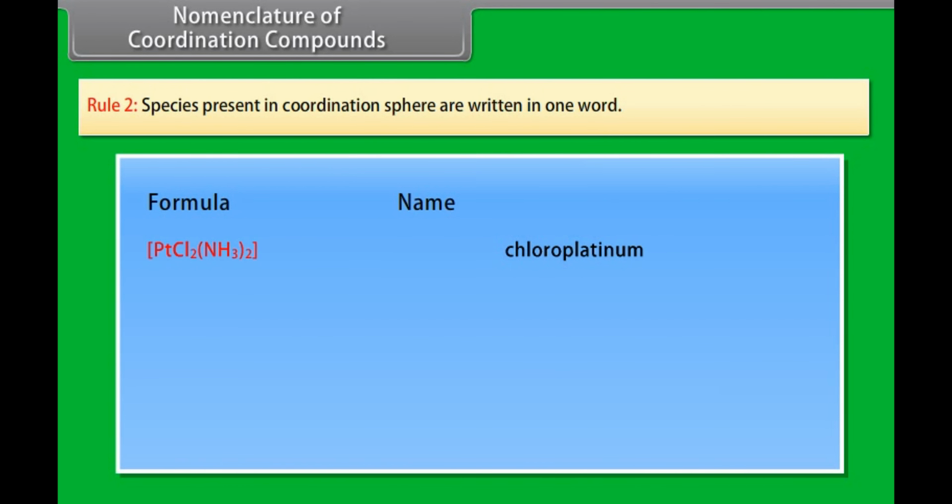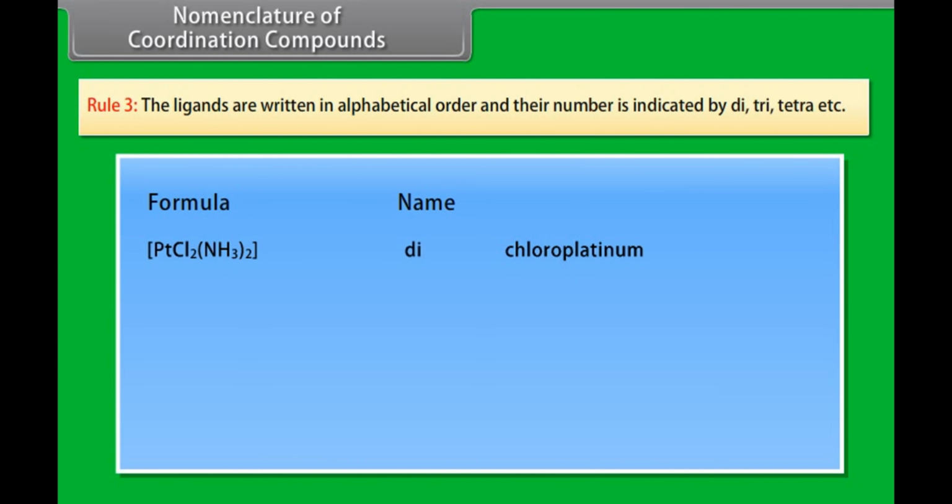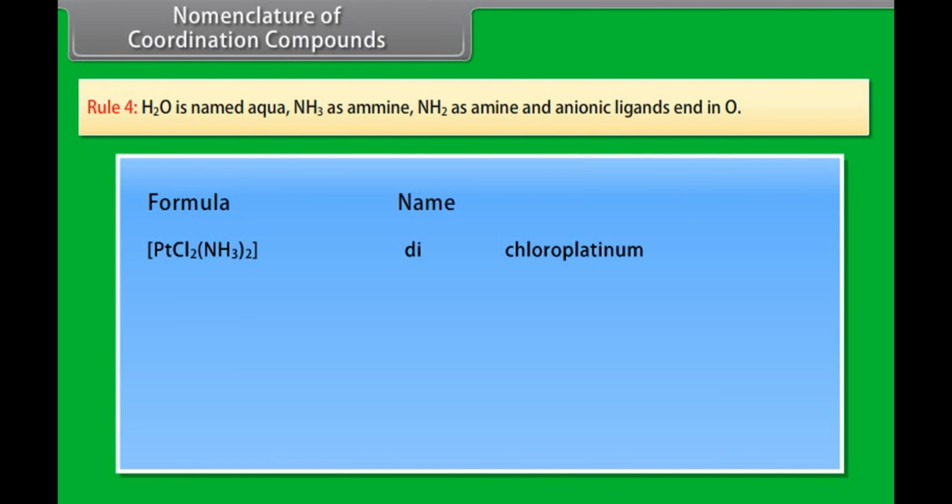Species present in the coordination sphere are written in one word. Rule 3. The ligands are written in alphabetical order and their number is indicated by di, tri, tetra, etc. Rule 4. H2O is named aqua, NH3 as ammine, NH2 as amido, and anionic ligands end in O.